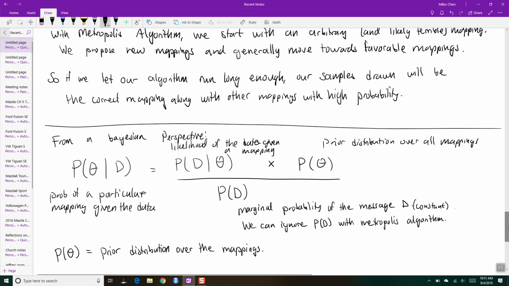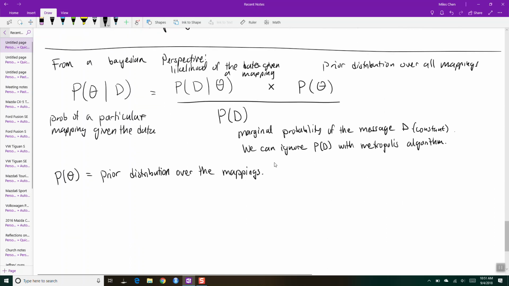Okay, and so this reflects what we believe about the mappings, saying, I think this mapping is more likely than this mapping, or something like that, before even looking at the data. Okay, so this is our beliefs about the mappings before looking at the data.